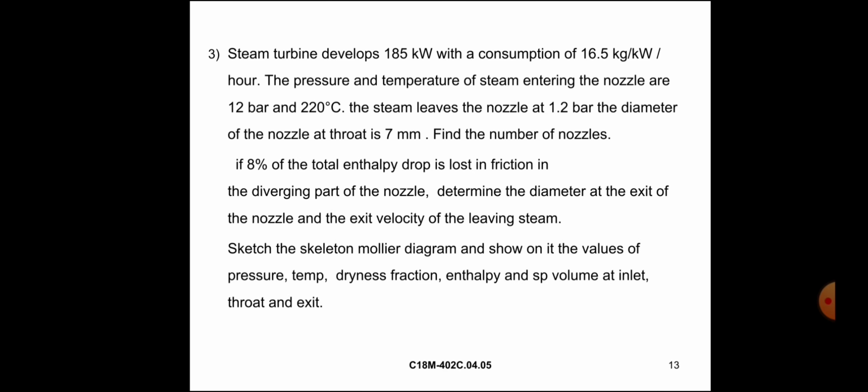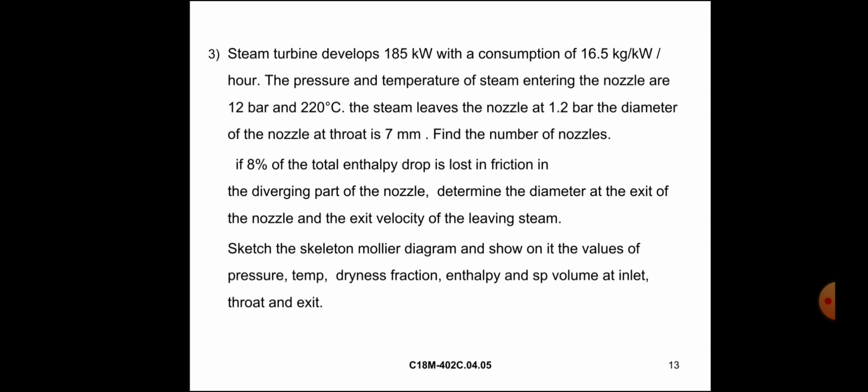Third problem. A steam turbine develops 185 kilowatts with a consumption of 16.5 kg per kilowatt hour. The pressure and temperature of steam entering the nozzle are 12 bar and 220 degrees centigrade. The steam leaves the nozzle at 1.5 bar and the diameter of the nozzle at the throat is 7 mm.